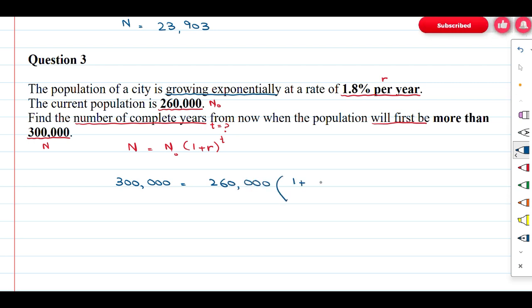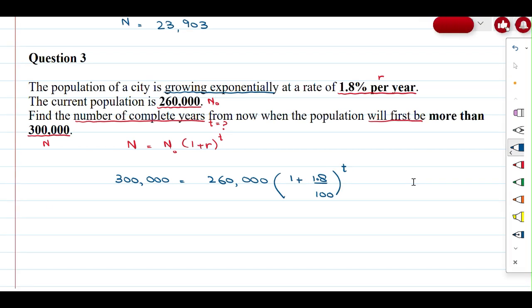Let me read the statement again: we need to find the number of complete years from now when the population will first be more than 300,000.